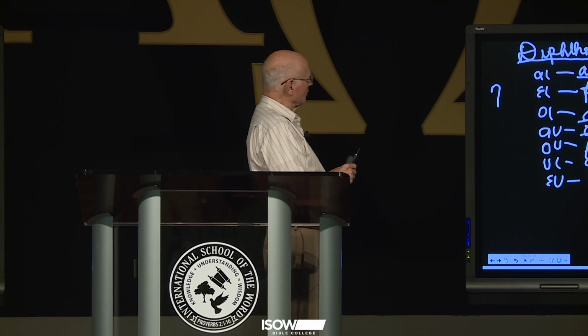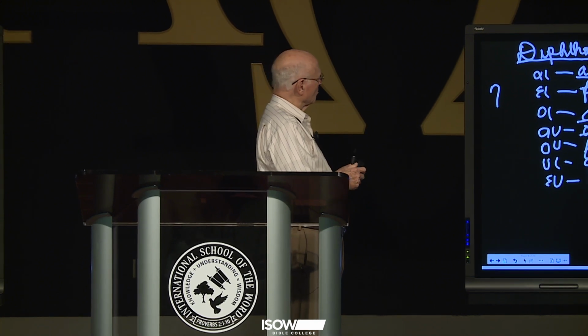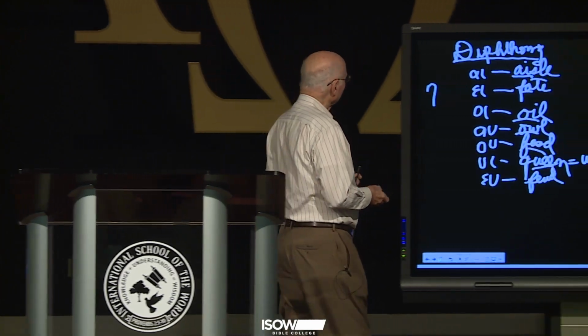Okay, we want to look at the breathing marks. The breathing marks are two. We have what is known as the smooth breathing mark. And it is formed simply like this. You take a word like huron.